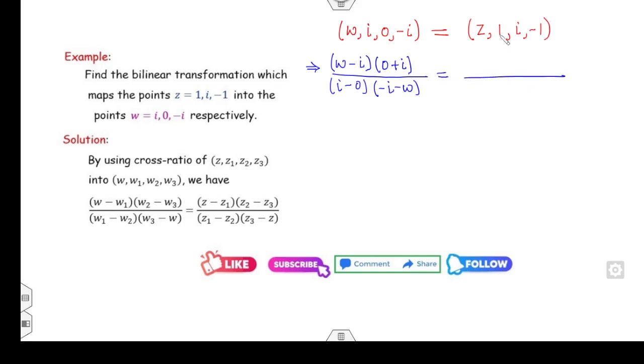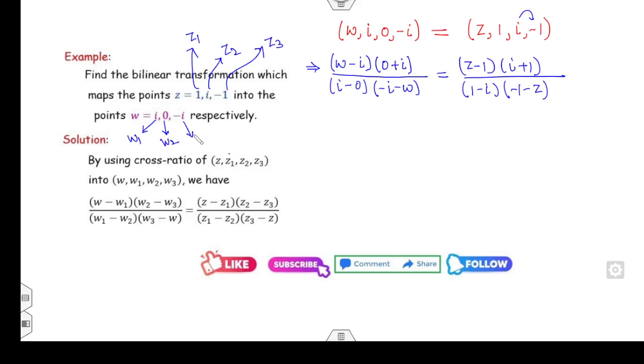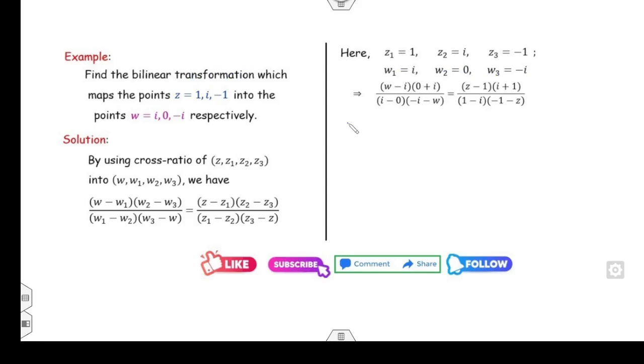Similarly, the corresponding is (Z minus 1)(iota minus minus 1) over (1 minus iota)(minus 1 minus Z). If you compare them, 1 is my Z1, iota is my Z2, minus 1 is my Z3, iota is my W1, 0 is my W2, minus iota is my W3. Fine. Now can you solve them?